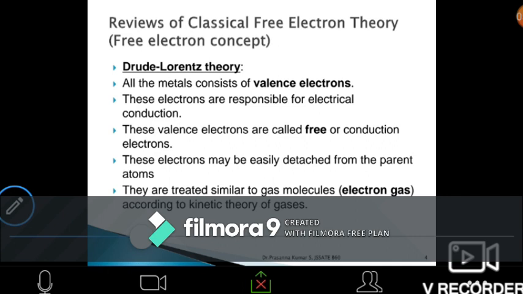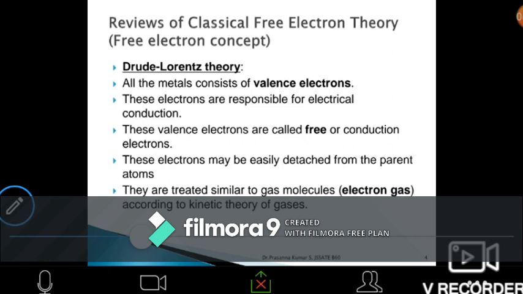To explain this electrical conductivity, in the year 1900, Drude and Lorentz proposed a theory to explain the conductivity of metals. This is the first theory of metals. They explained the electrical conductivity based on certain assumptions. I have listed these assumptions in the coming slides.